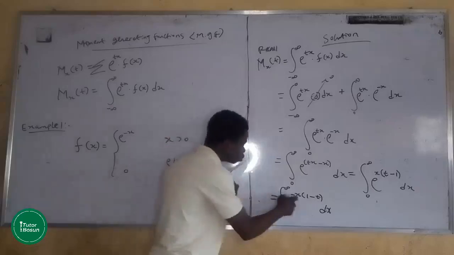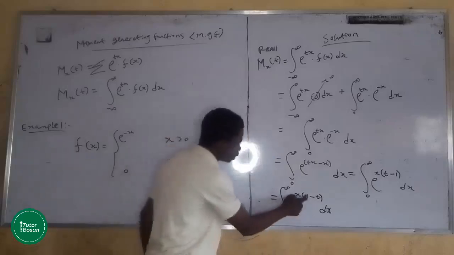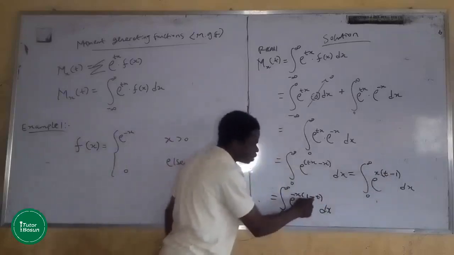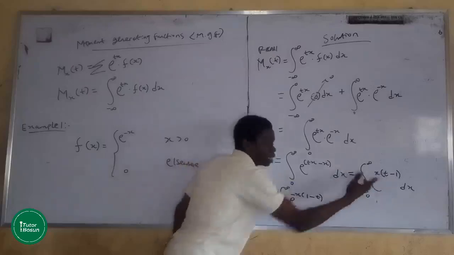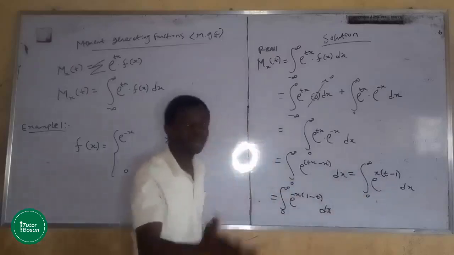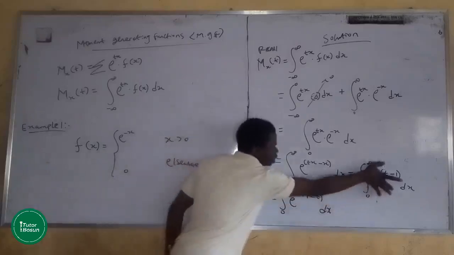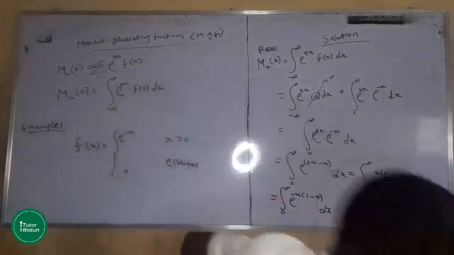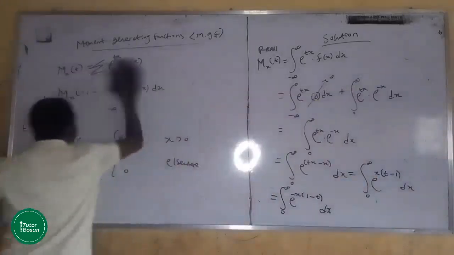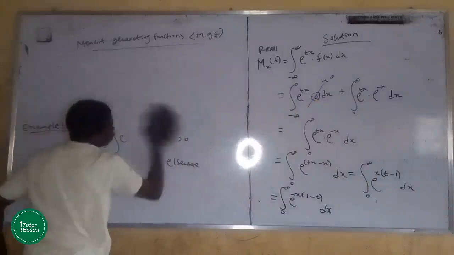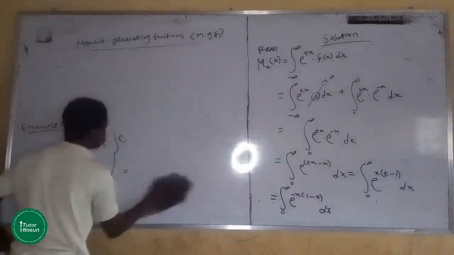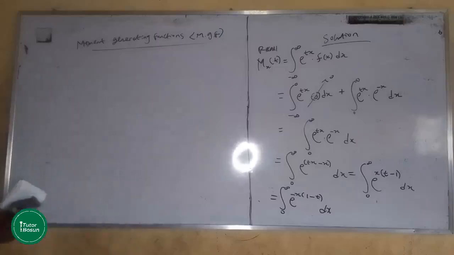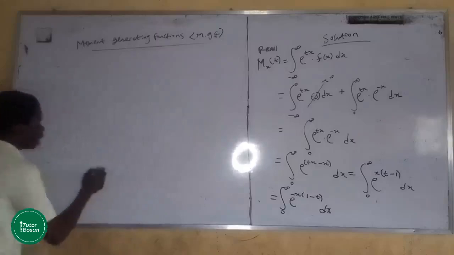If you use your minus to open this bracket back, minus times 1 becomes minus 1, minus times minus t becomes plus t, and that becomes x into t minus 1. So this expression is still what we have there. We just have to do that for us to be able to solve the problem. If not, we won't find it easy.